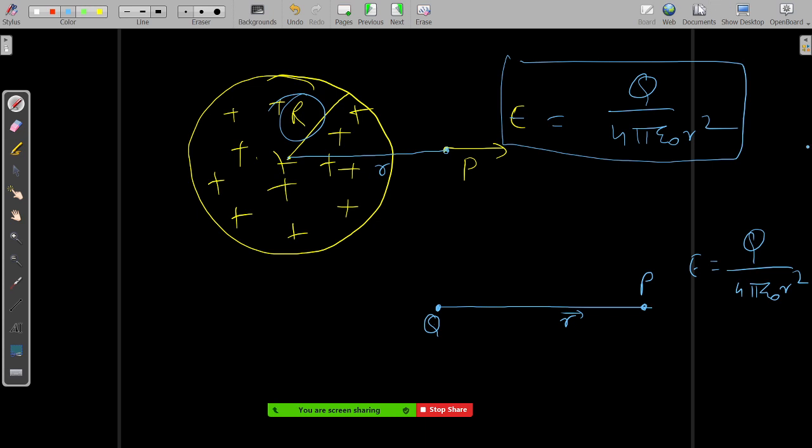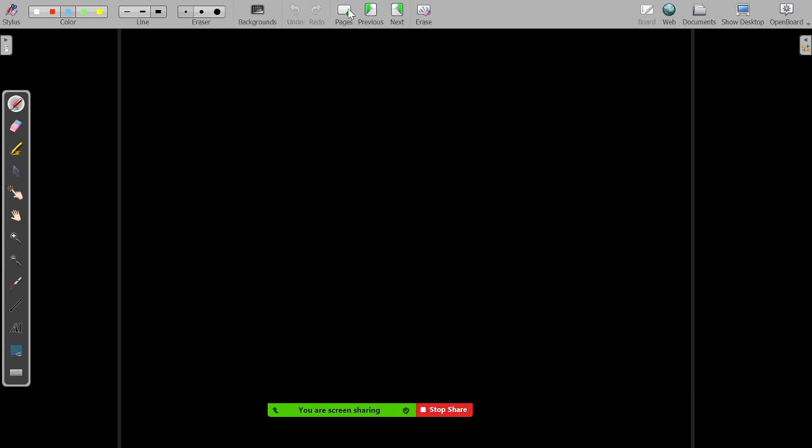It's not a point charge, but you can assume that the whole charge has been concentrated at the center itself.